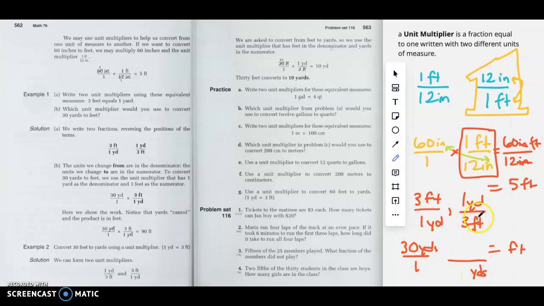Which unit multiplier has yards in the denominator? The first one. So 1 yard is equal to 3 feet. Now we're just going to multiply. 30 times 3 is 90. And yards cancels out, and it's 90 feet. So we know that 30 yards is 90 feet.